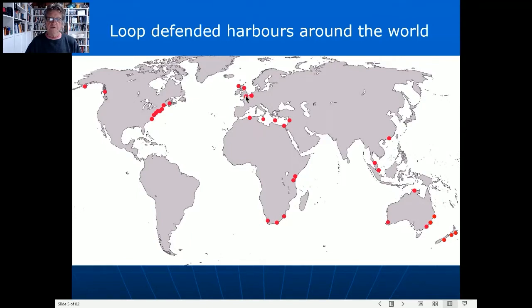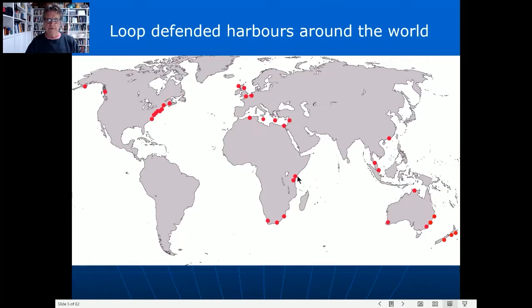Down below this we've got places like Malta, and what else have we got there? No, that's not Malta. That's the Isle of Wight, the south of England, and over here we've got Breskens in Belgium. Down here we've got a whole lot of places: Algiers, Malta, and Crete, Alexandria, Haifa I mentioned in Israel.